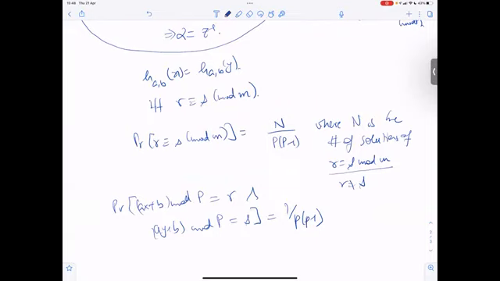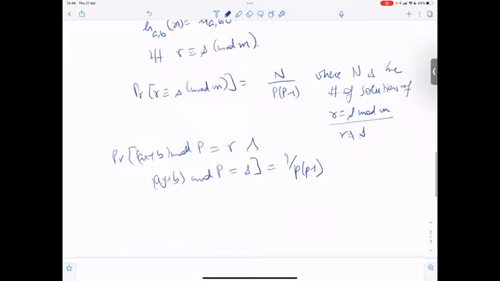Therefore, we get this probability of h(x) equal to h(y), which is exactly this quantity, correct? Okay.